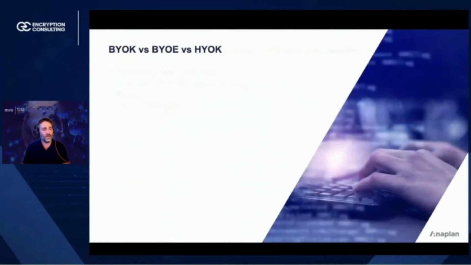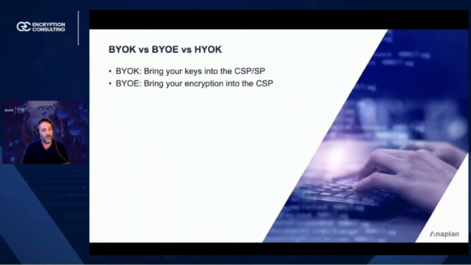Quick comment about the differences. Sometimes people tend to confuse these three things. BYOK is what we're talking about. It's the ability to bring your own data encryption keys into the environment. BYOE, bring your own encryption, is usually when you, as a SaaS solution, bring your own HSM into the environment.